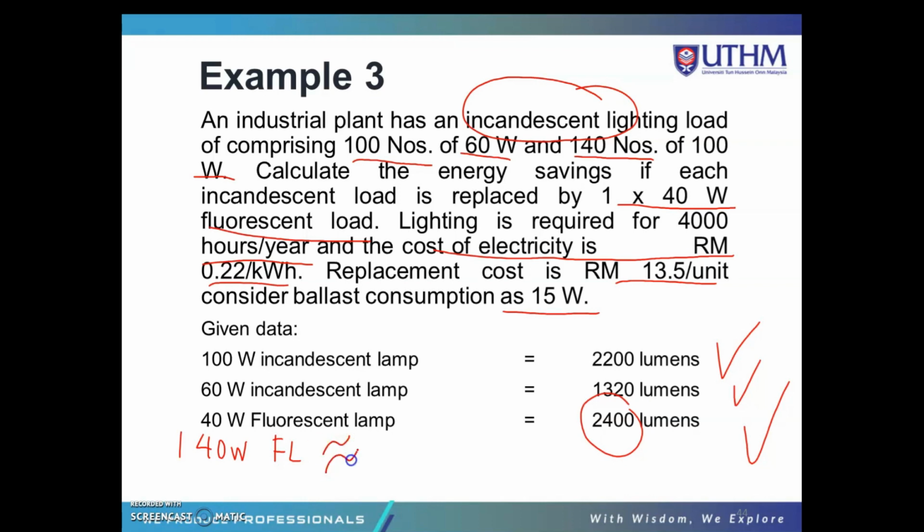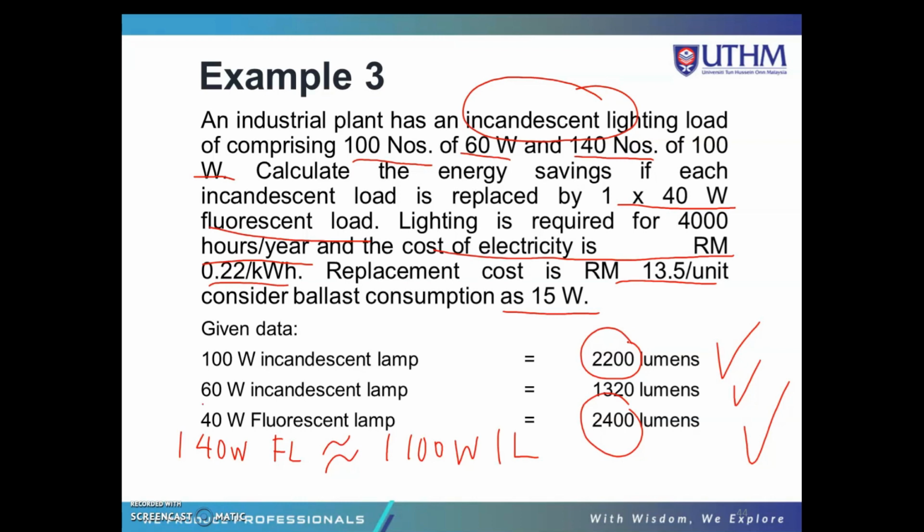So it is equivalent to a 100 watt incandescent lamp. So 2400 is approximately near to 2200 lumens.